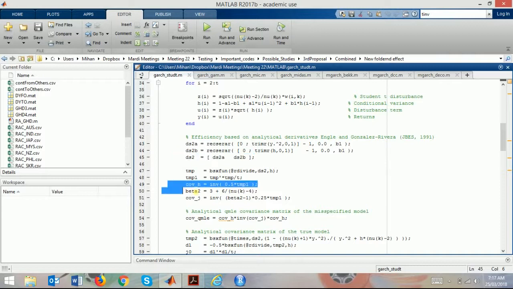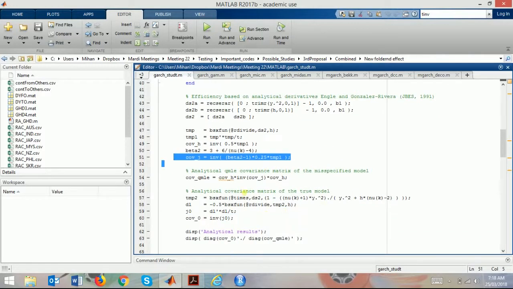DS2E is both of them. Covariance of H, inverse of something, beta 2 given to us. Covariance of J, inverse of beta 2, minus 1 to something, I'm not sure. Covariance of quasi maximum likelihood estimator. Covariance of Jacobian, okay, beta 2 minus 1. I'm not sure how I'm getting 0.25.